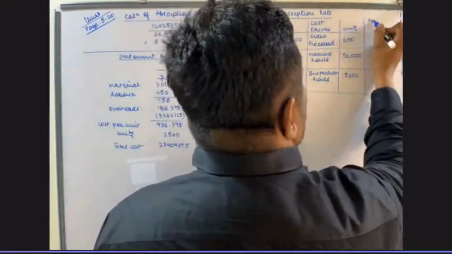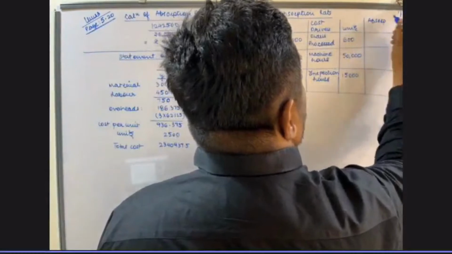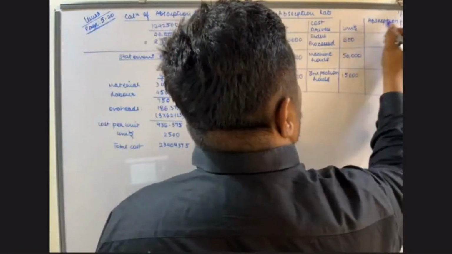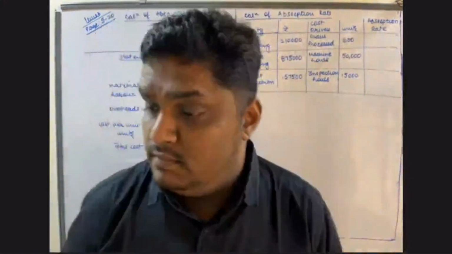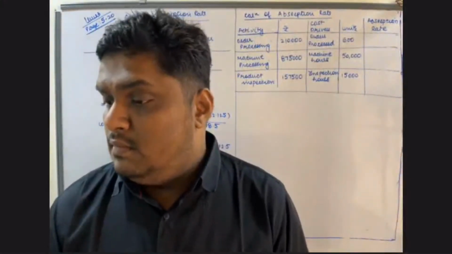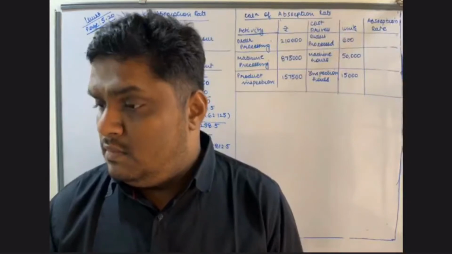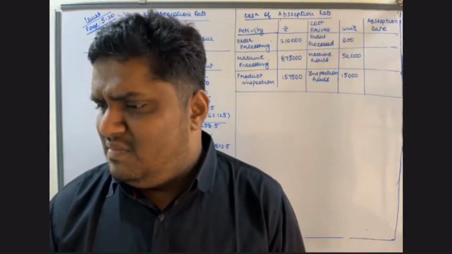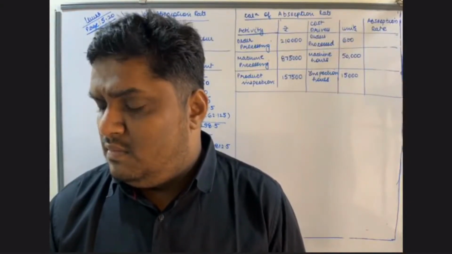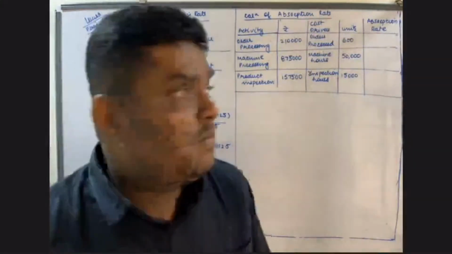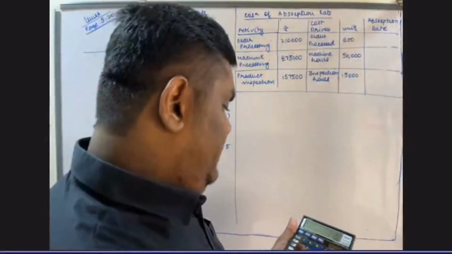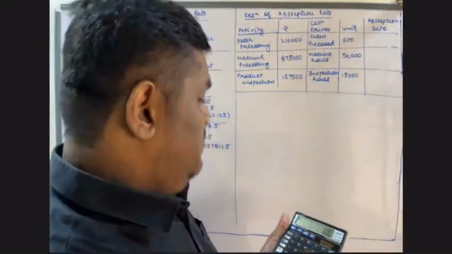So we can easily calculate the absorption rate. 2,10,000 divided by 600.